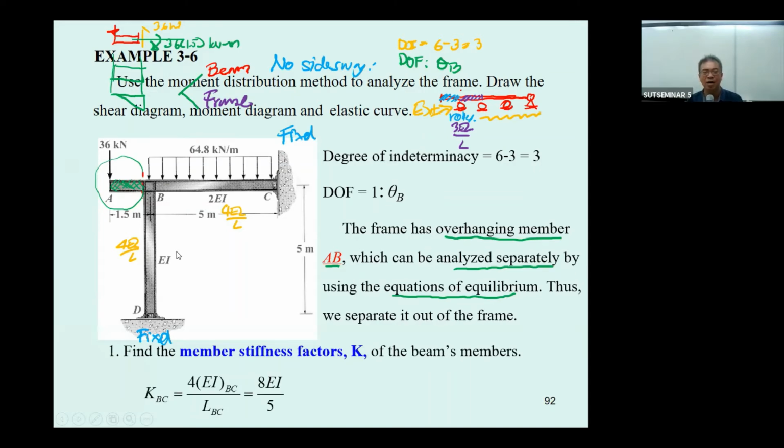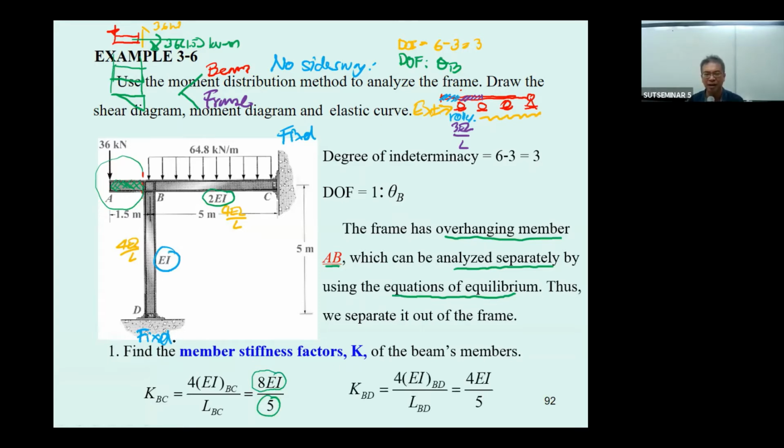So for the member BC, the stiffness is going to be 2EI, so it's going to be 8EI divided by 5. And when you consider this column, it's going to be 4EI over 5.